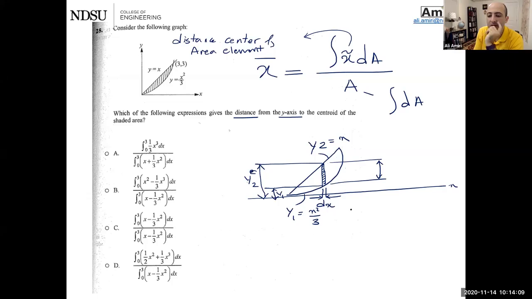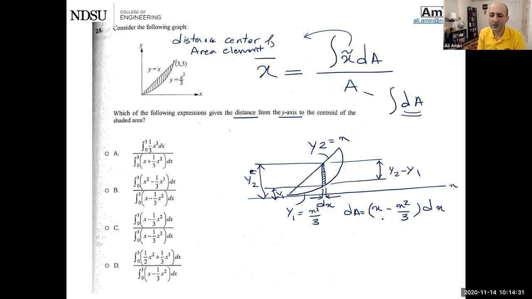The difference between those two, this length y2 minus y1, is going to be x minus x squared over 3. So if I want to find the area, it's just this multiplied by dx.